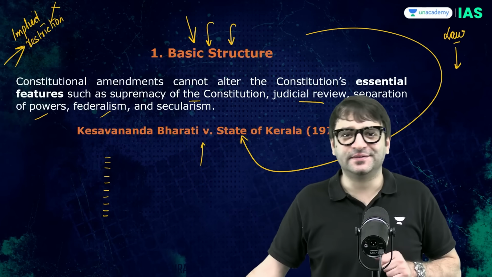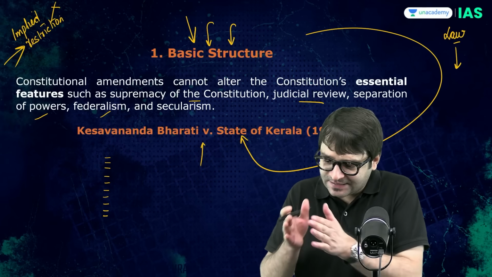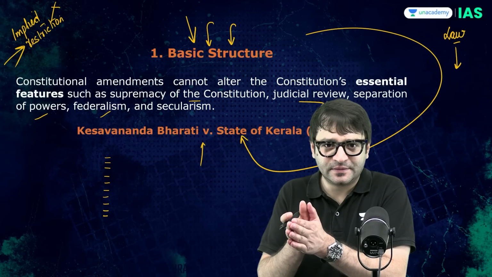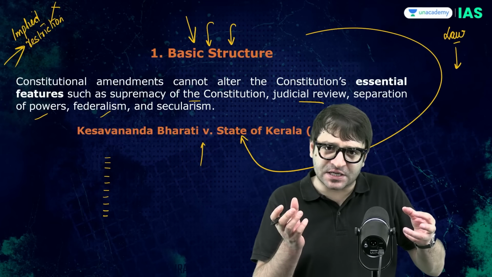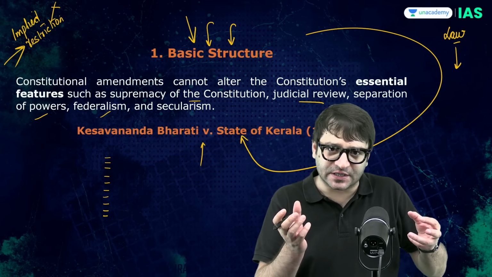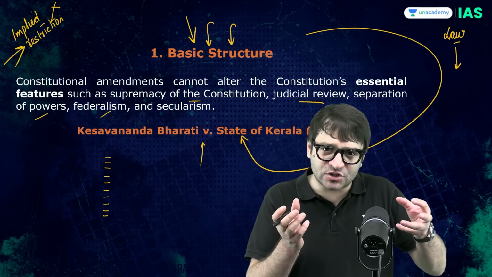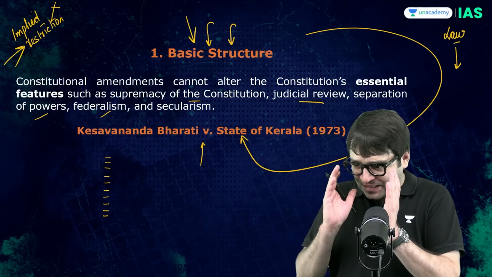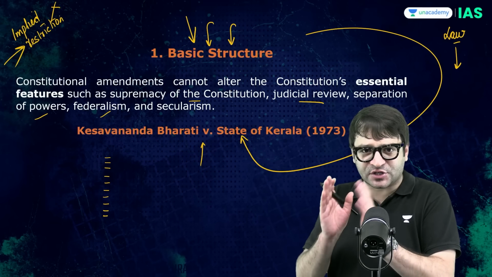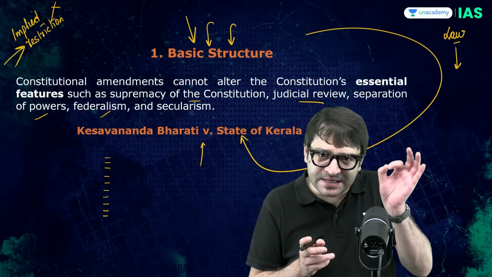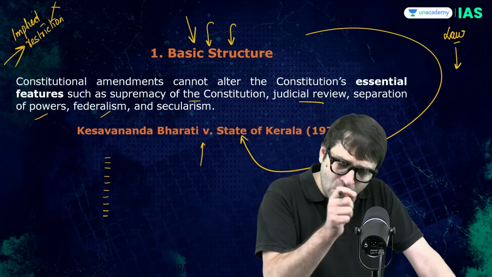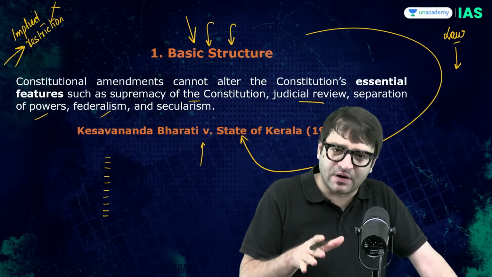This is a doctrine, in the sense, a set of rules, a principle. So whenever a constitutional amendment act is passed by the Parliament under Article 368, and somebody challenges this in the court, the court will apply this doctrine, the doctrine of basic structure, to ensure that our verdict is consistent. No amendment of the Constitution can violate basic structure.